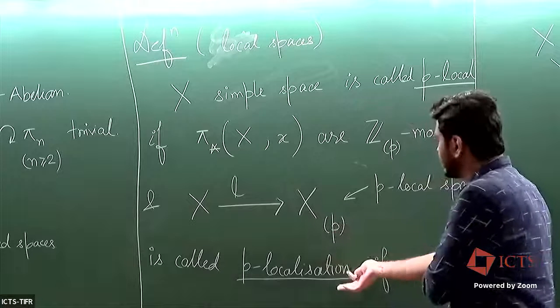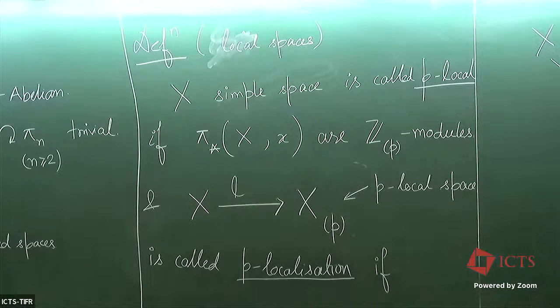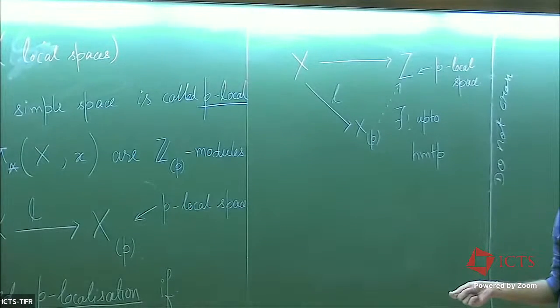This is a P-localization if this diagram works. A map to any P-local space will factor through the P-localization, like that happens in commutative algebra.